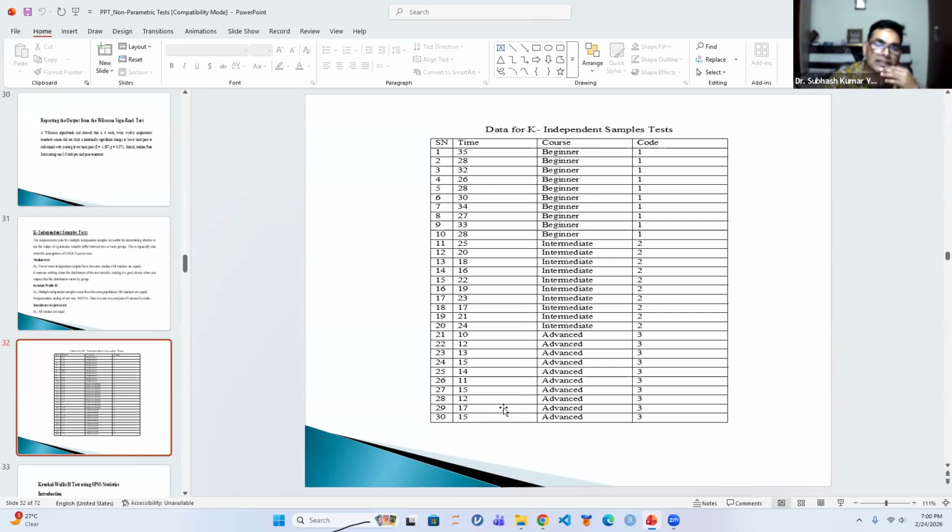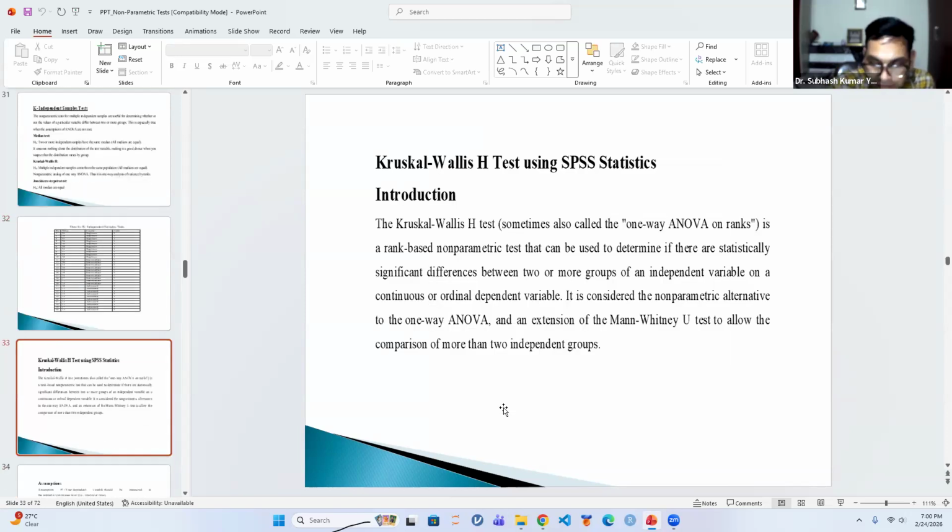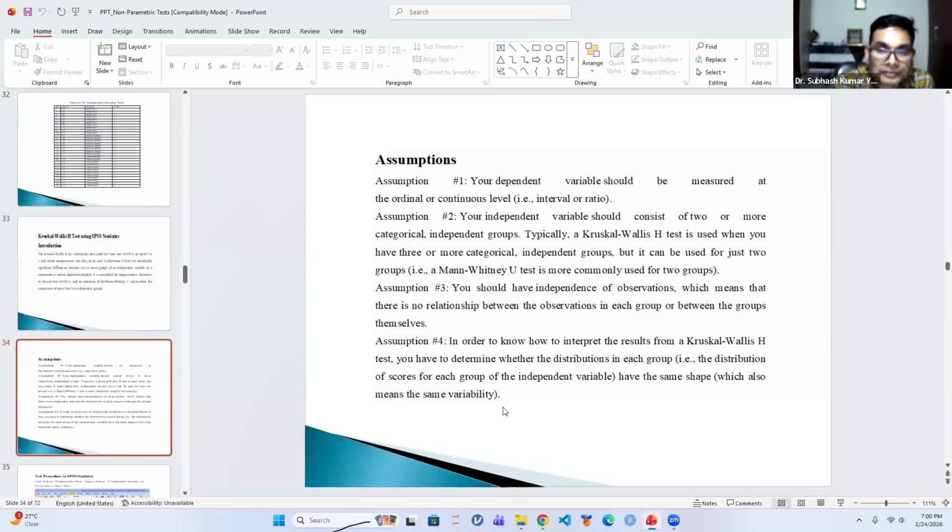Let us see. Here we consider the null hypothesis that the median score for the three groups, beginner, intermediate, and advanced, is the same. Let us see what happens with the Kruskal-Wallis test.